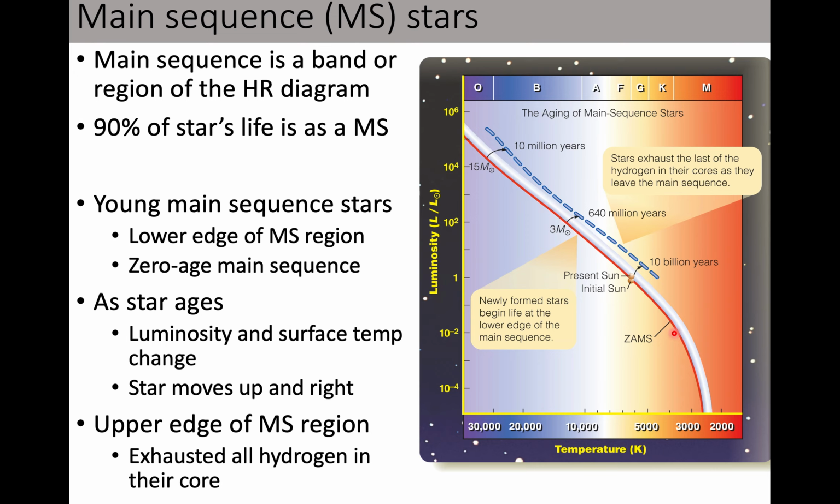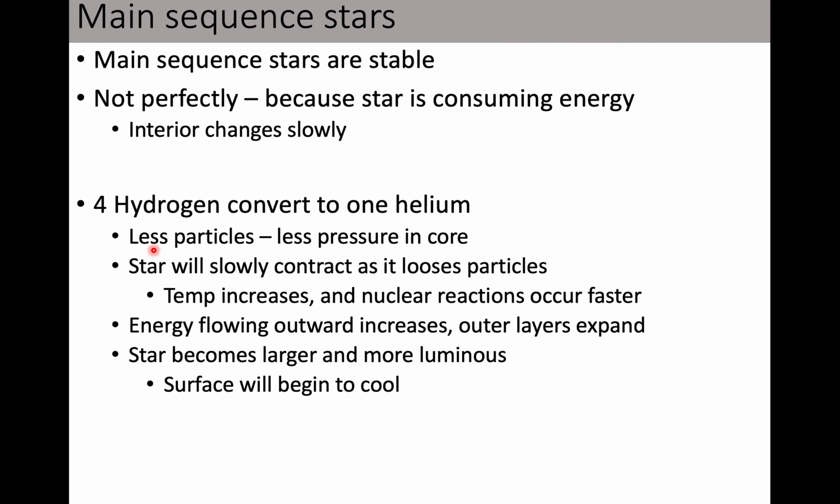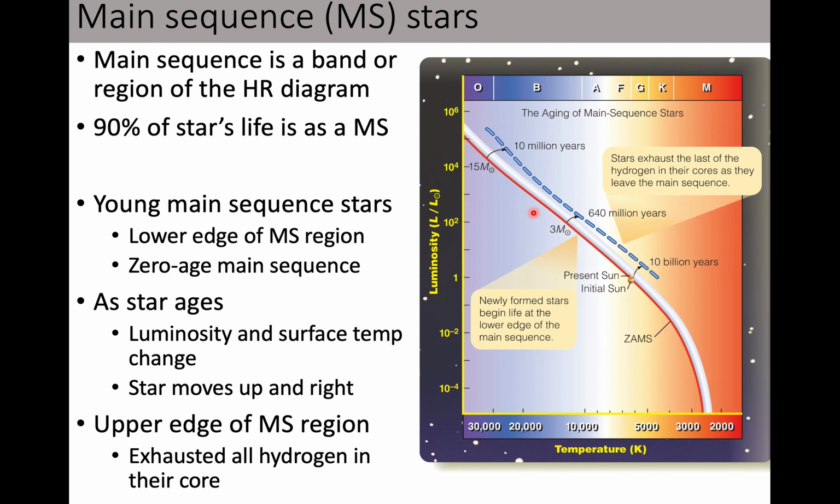So as the main sequence star ages, it's going to continuously be converting 4 hydrogen atoms into 1 helium atom, which means it's going to contract. The temperature is going to increase. It's going to increase its outward flow of energy. It's going to become larger and more luminous.